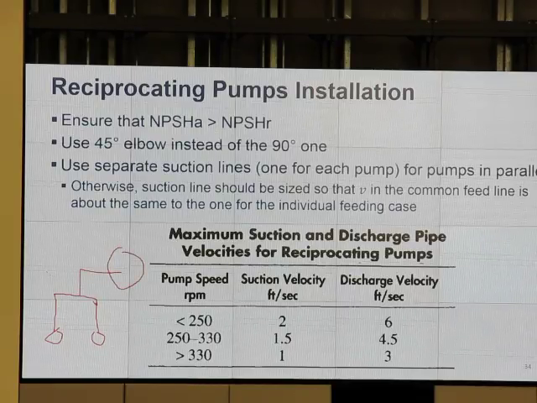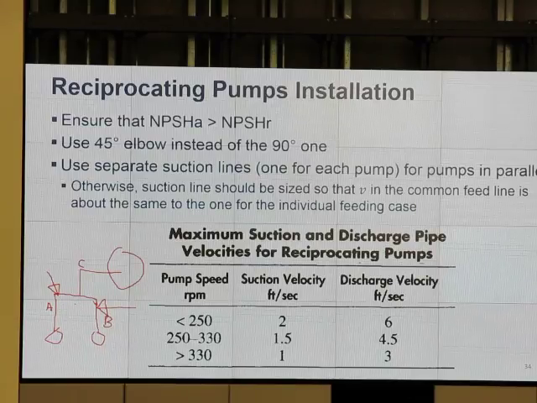This line may have a certain cross-section area, this line another. So lines A, B, C. The cross-section area of line C has to be about A plus B. So we maintain the speed inside the suction line.